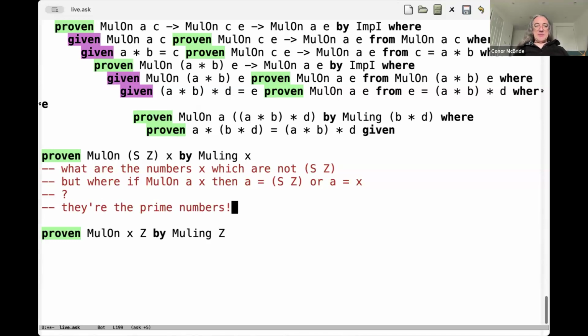And indeed, greatest common divisor is the thing that plays the same role for multiplying as min does for the add-on, but greatest common divisor is a really tricky program to write in ASCII.